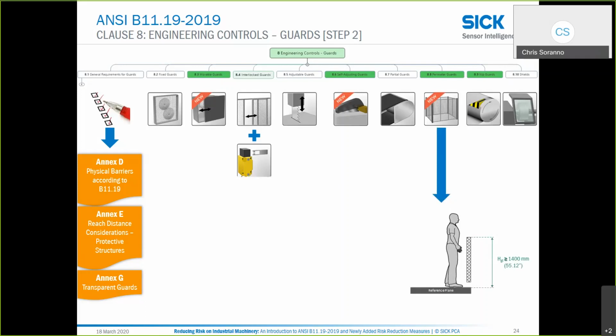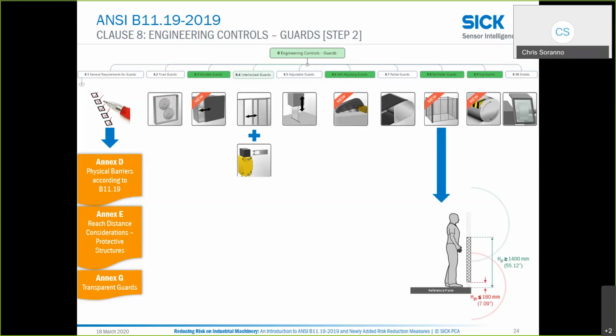So that's a minimum height, but based on reaching over that fence, it might be necessary to raise the height of that fence above that minimum to make sure that the hazards cannot be accessed. There's also guidance for the maximum sweep, the distance from the floor to the bottom of the fence. It's now not permitted to be over 7 inches. But again, depending on what is accessible, whether you can reach under the guard or not, it may be necessary to make the gap at the bottom of the fence even lower.